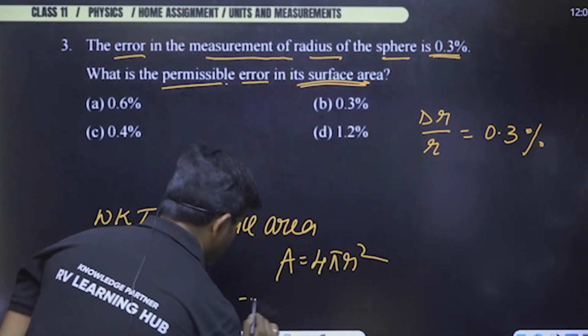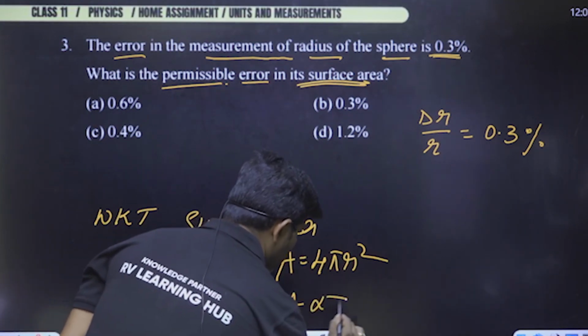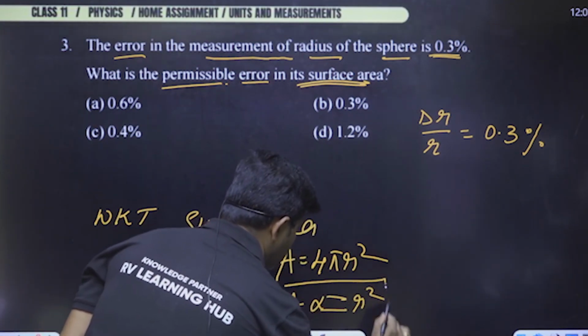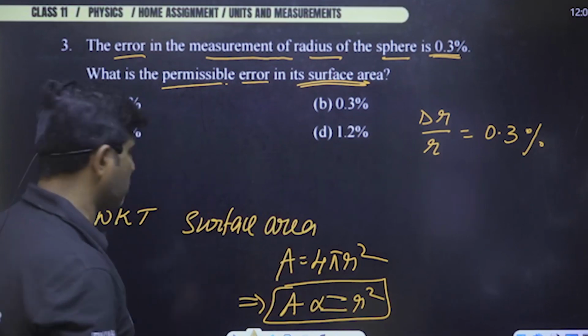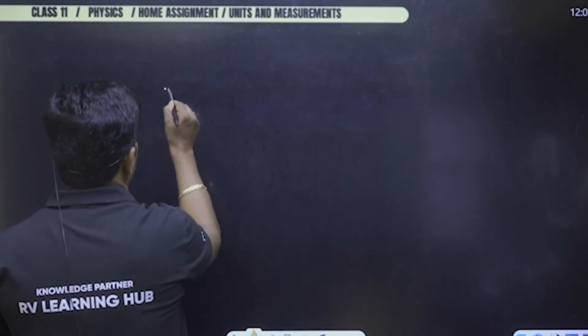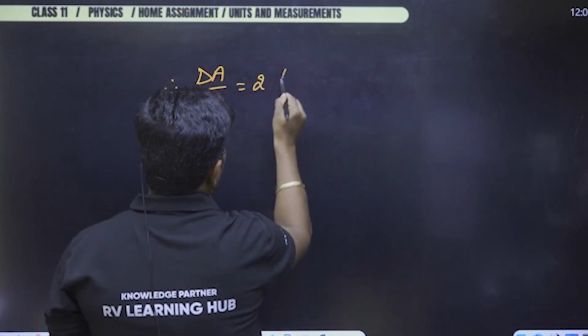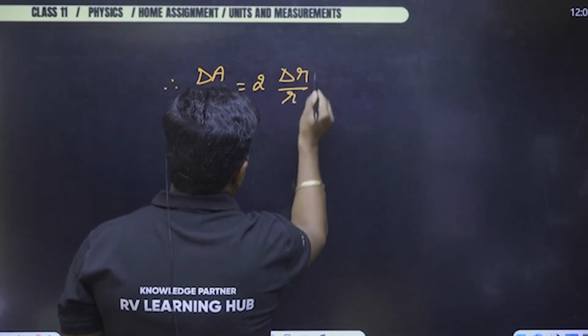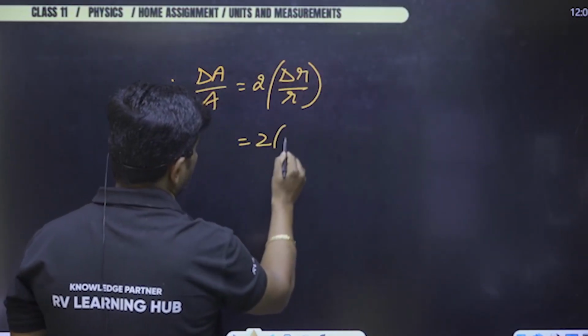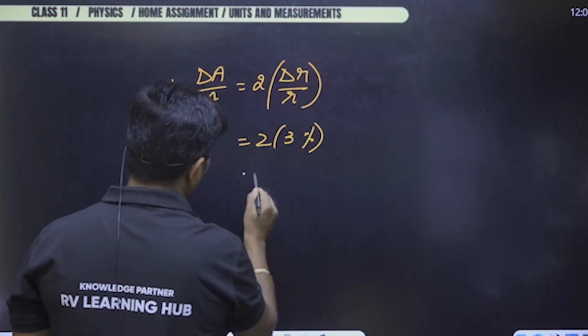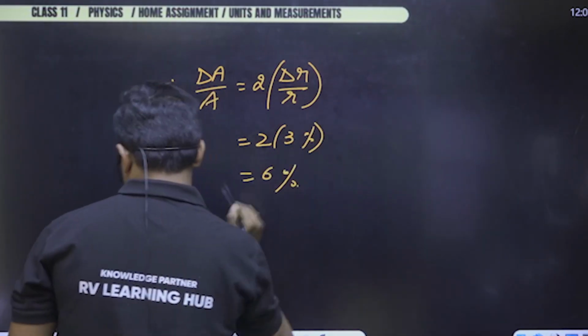Therefore, A is directly proportional to r square. Therefore, we can say that delta A by A is equal to 2 into delta r by r, that is 2 into 0.3%.